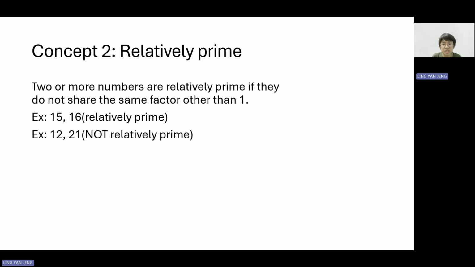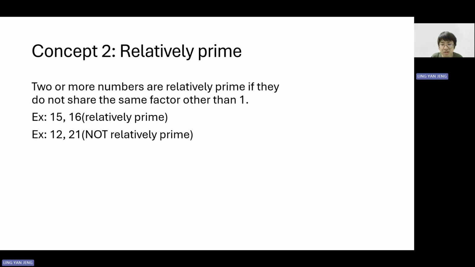The next concept is relatively prime, which means two or more numbers do not share any factors other than 1. For example, 15 and 16. 15 has factors 1, 3, 5, and 15. 16 has 1, 2, 4, 8, and 16 as factors.